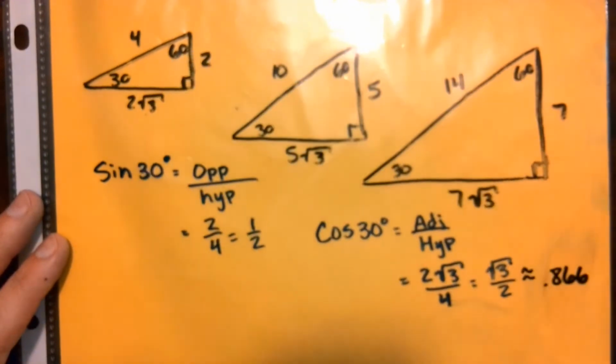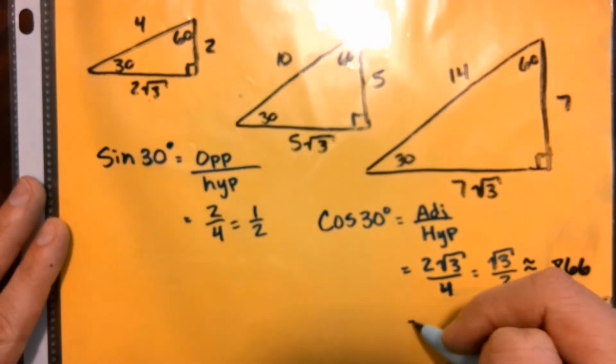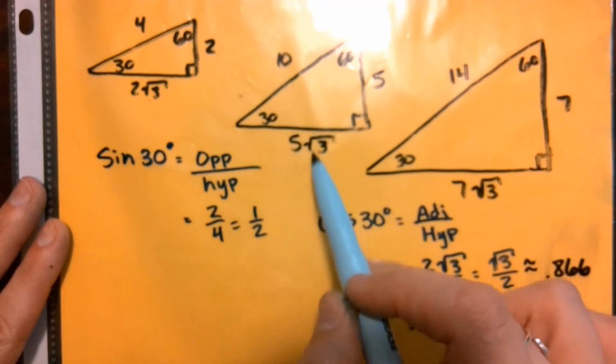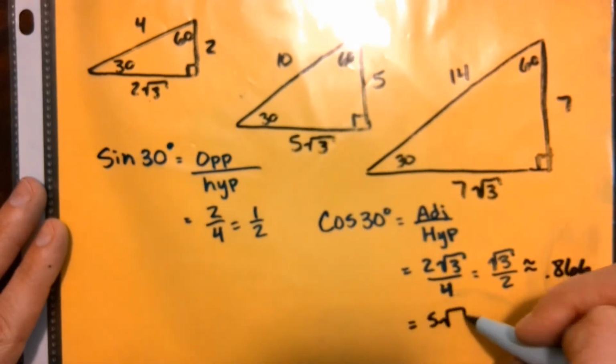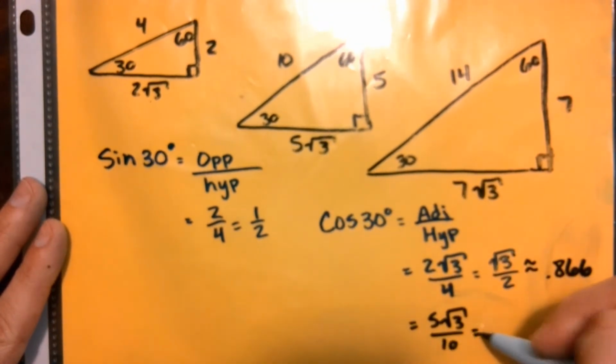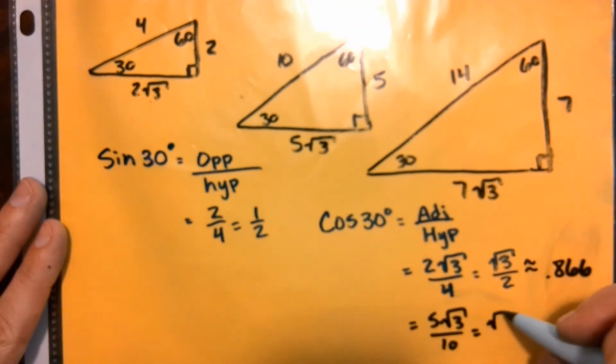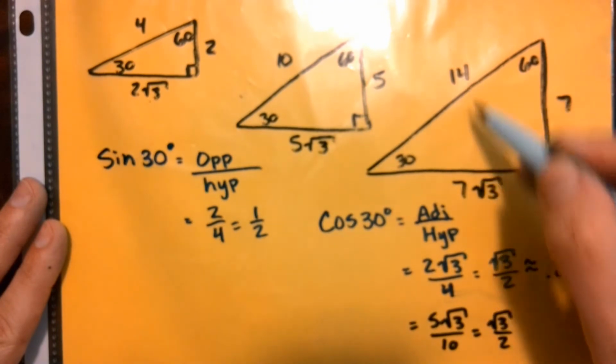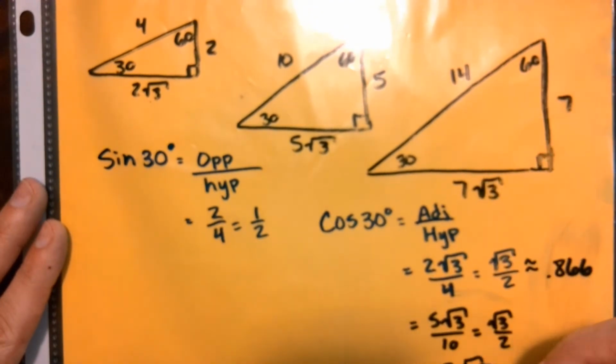So notice with the other triangles, if I were to take the adjacent over the hypotenuse, in that middle one, 5 radical 3 over 10 would also simplify to this radical 3 over 2. The adjacent to hypotenuse in that big one is going to be 7 radical 3 over 14, which also is radical 3 over 2.